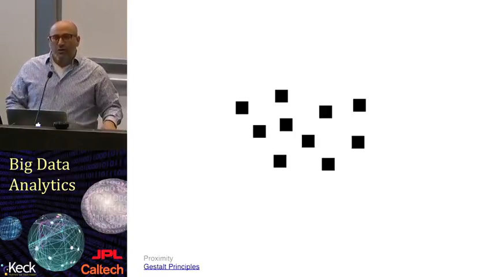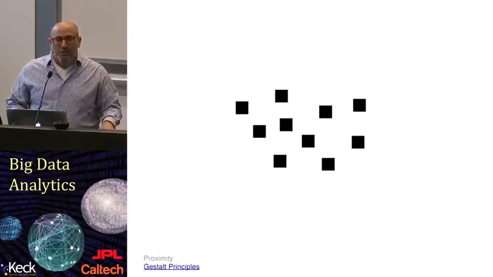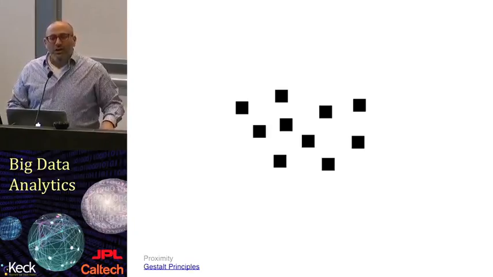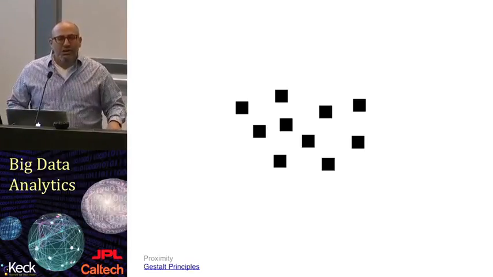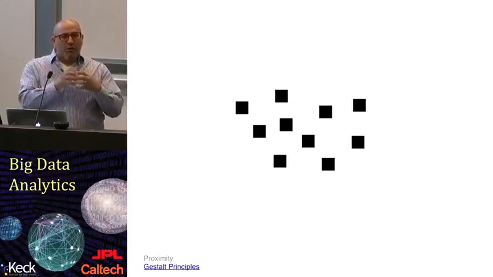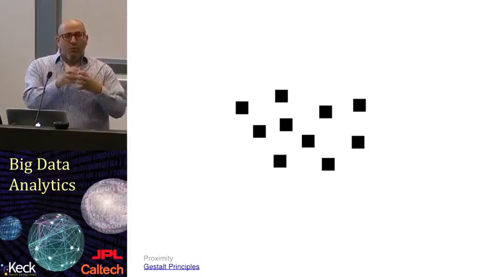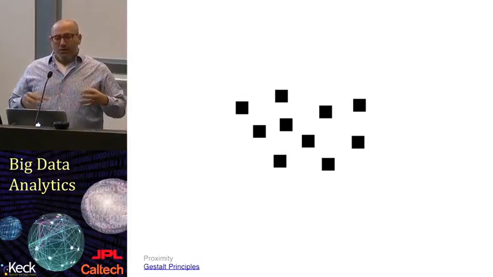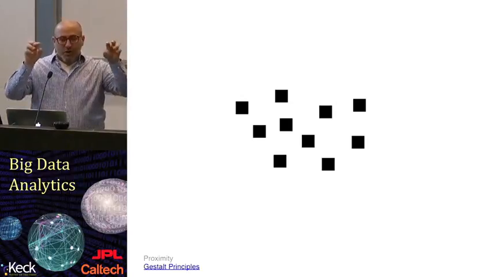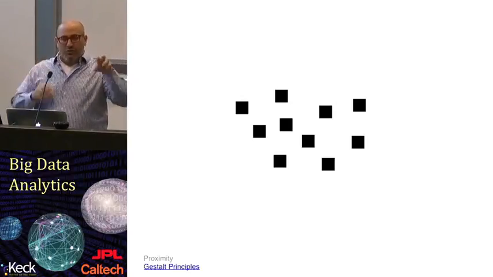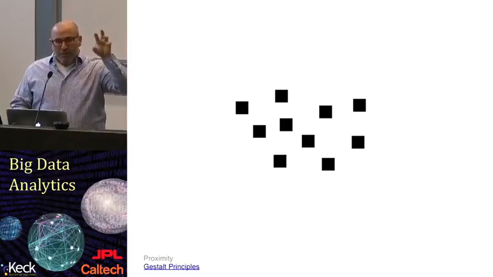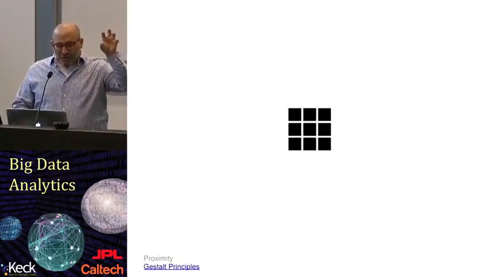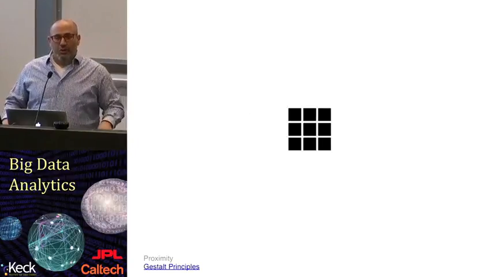This other concept is called proximity. Proximity means that the mind believes that things that are closer together have more meaning. In other words, the squares in this particular form are less related than the forms in this particular shape.